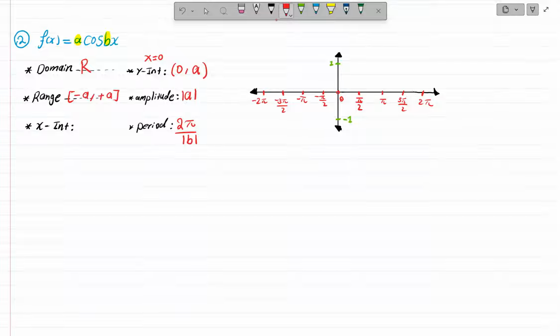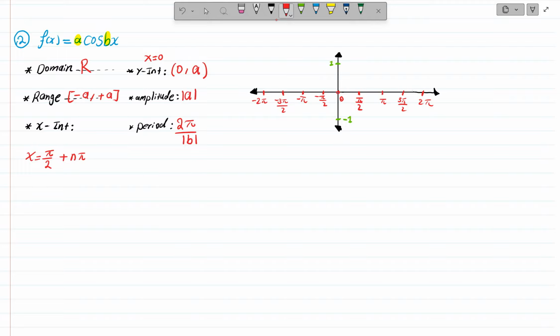About the x-intercept, which values make the function 0? If you want to find out, we say x equals pi over 2 plus n pi. These values make cosine x equal 0.